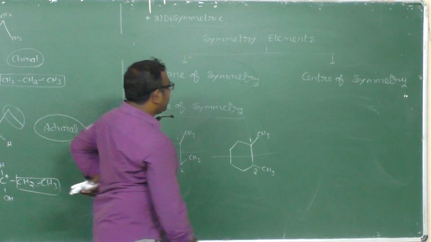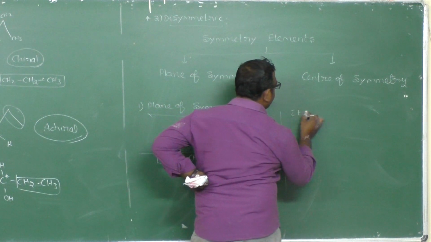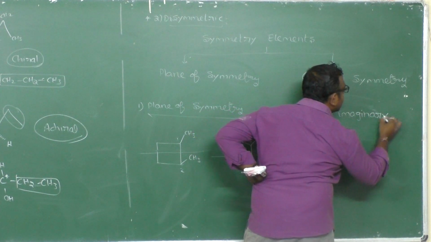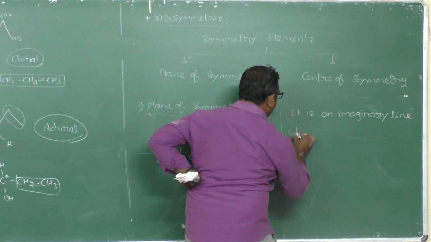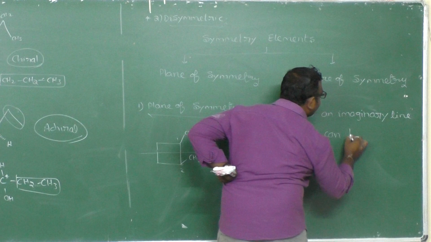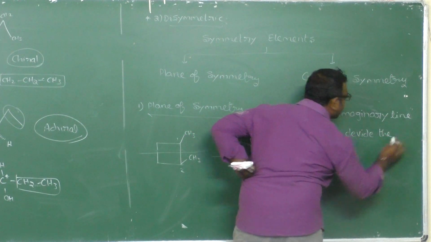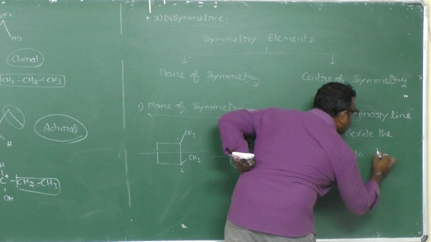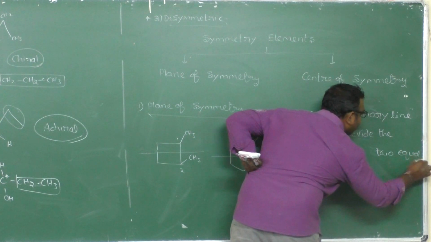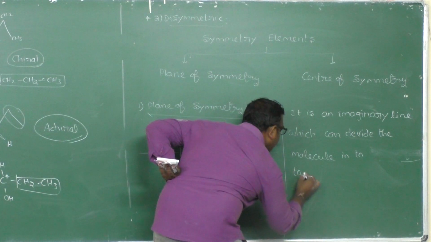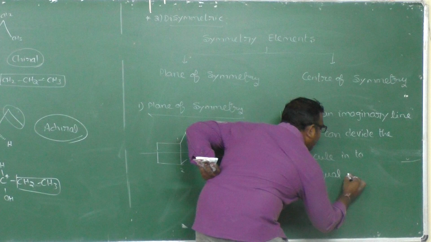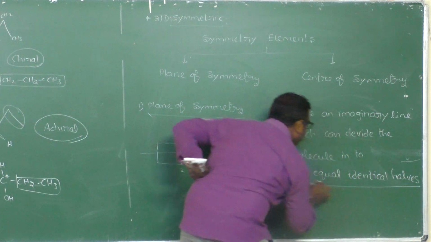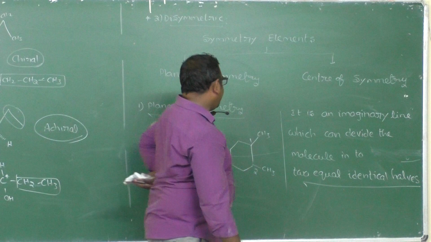So, plane of symmetry is nothing but an imaginary line which can divide the molecule into two equal identical halves.